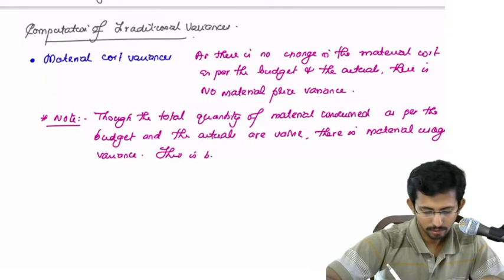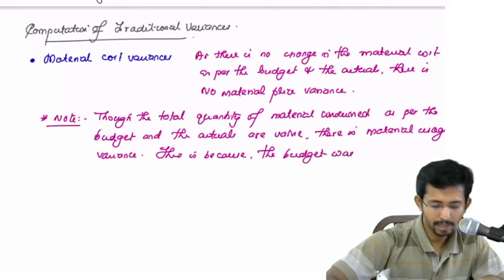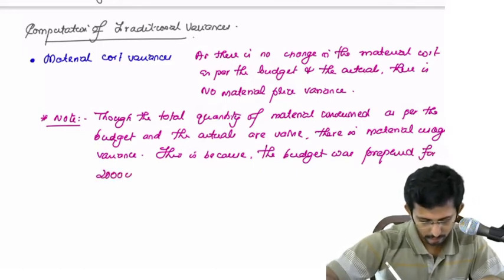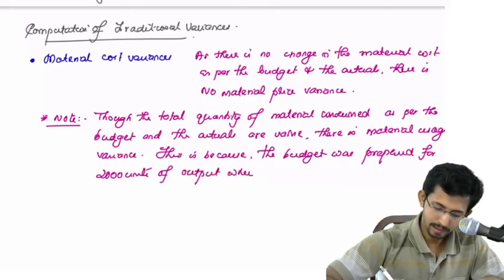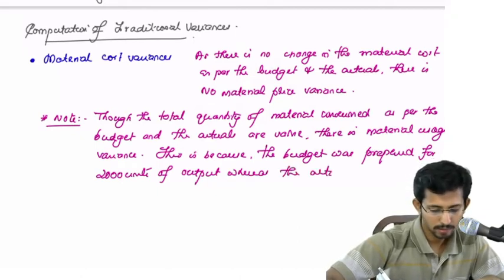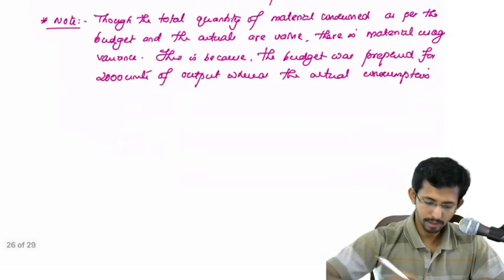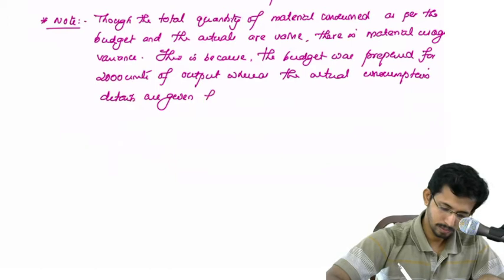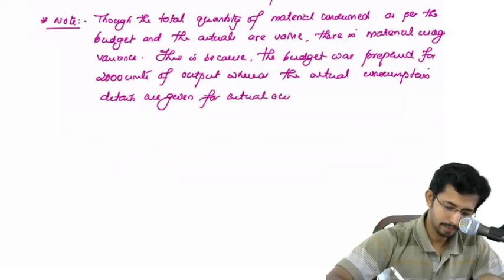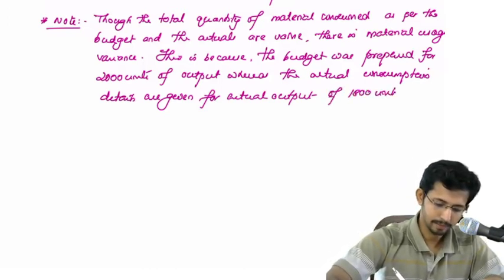This is because the budget was prepared for 2,000 units of output, whereas the actual consumption details are given for actual output of 1,800 units. Is it clear?